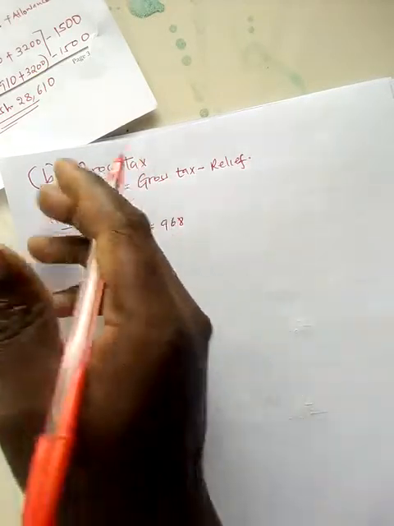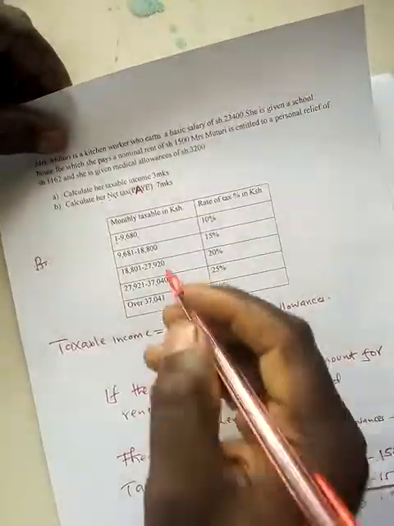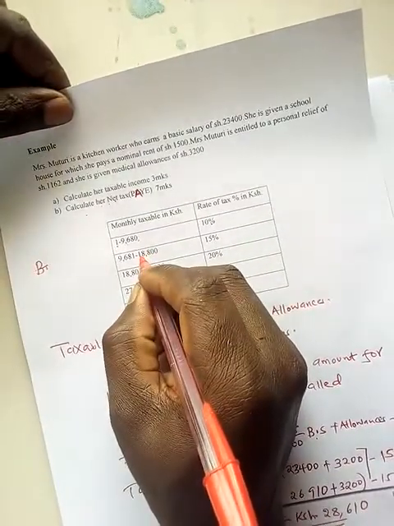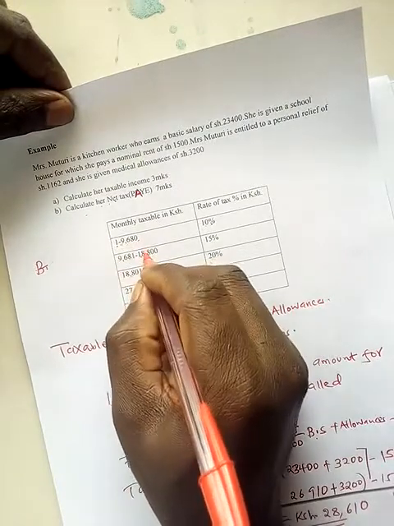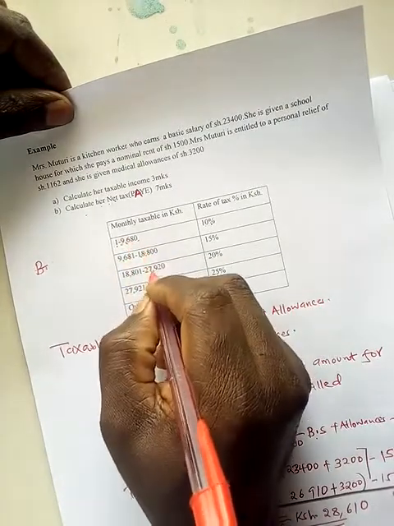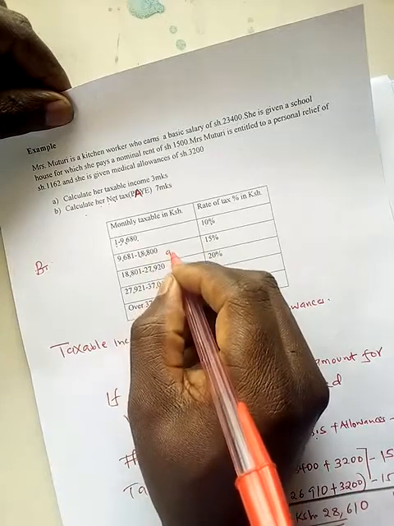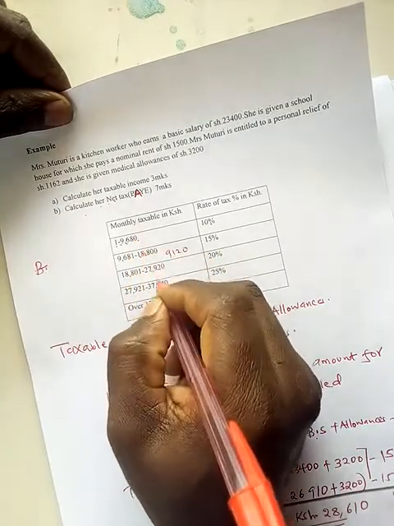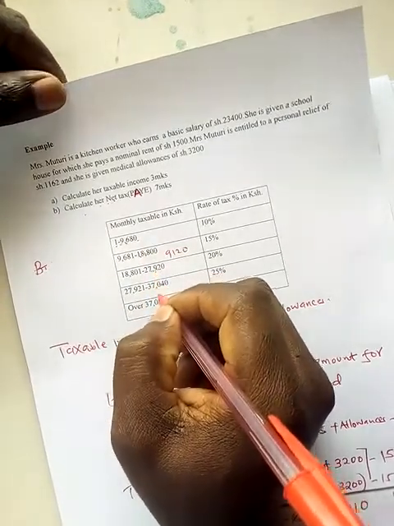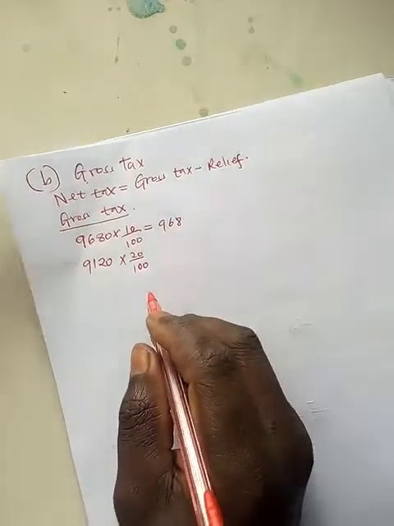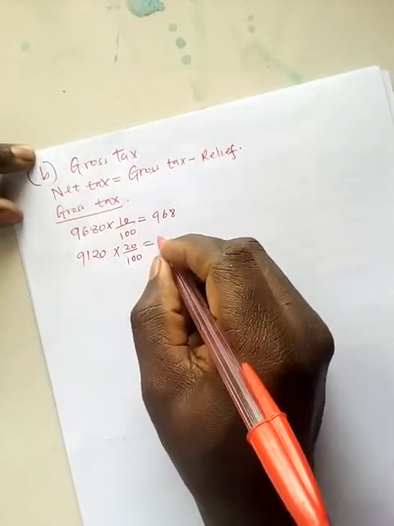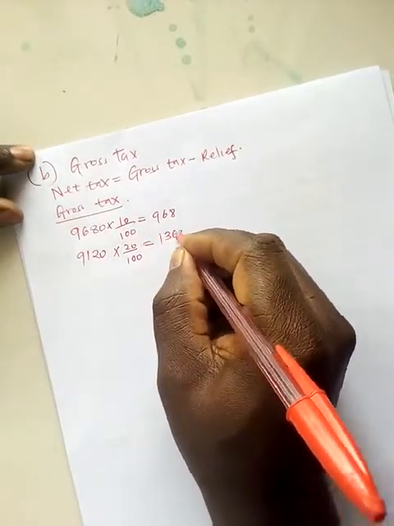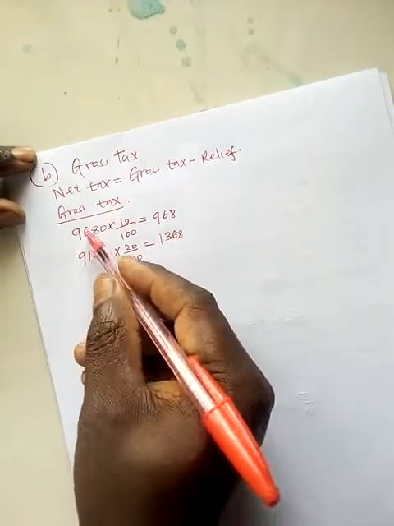So 9,120 nimetoa wapi? Hiyo iko hapa. This subtract this, it will give you 9,120. Tuna subtract hii kutoka hapa, ndio upate the next amount yenye una calculate nayo slab hiyo ingine. This one will give us 1,368. So ukiongeza hii itakuwa 18,000.